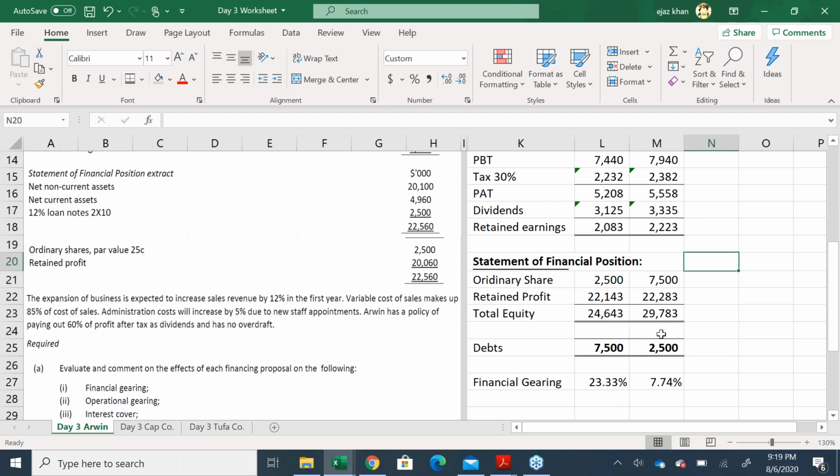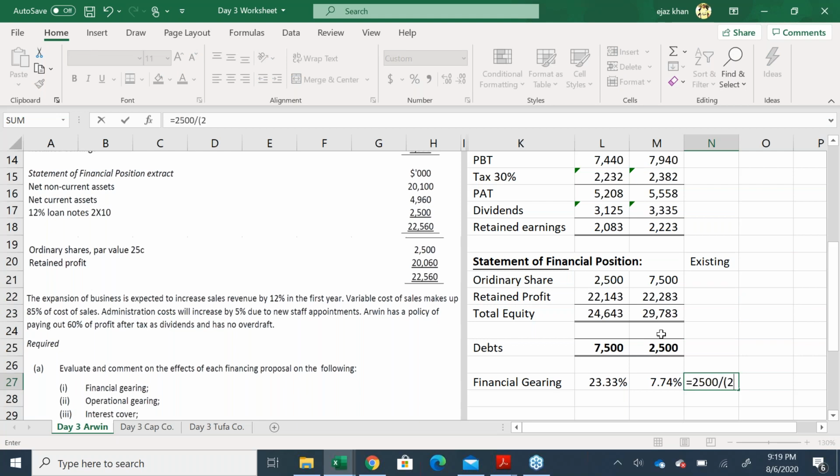Okay, let me also show the existing status. For the existing, the gearing will be 2,500 divided by 2,500 plus 22,560.